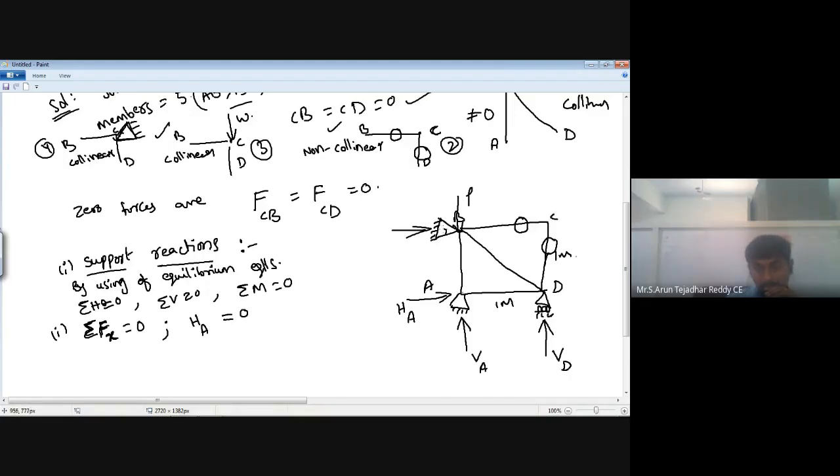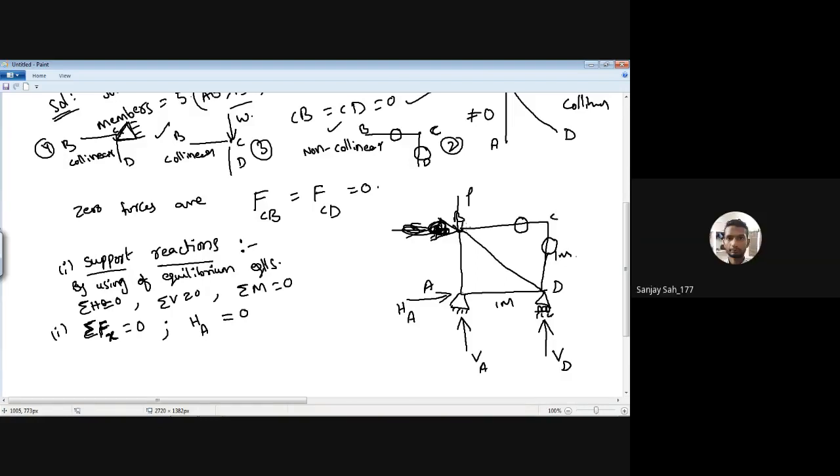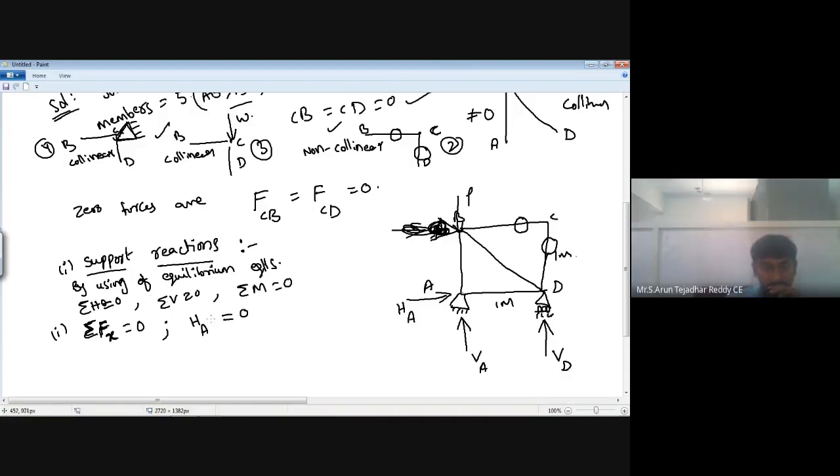But we don't have any external support at point B in this problem. So only one horizontal force is acting, that is HA equal to 0.